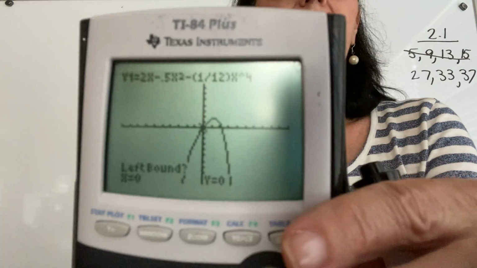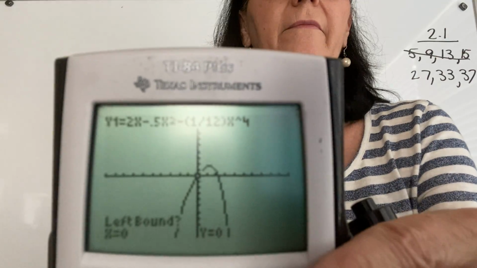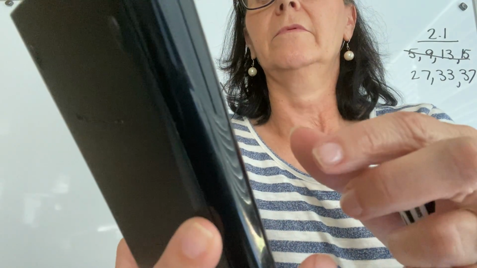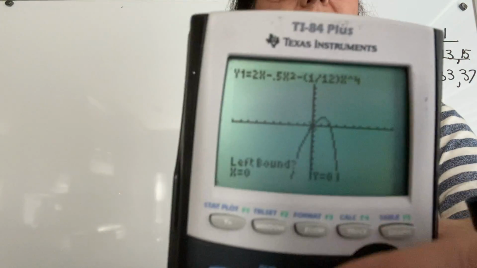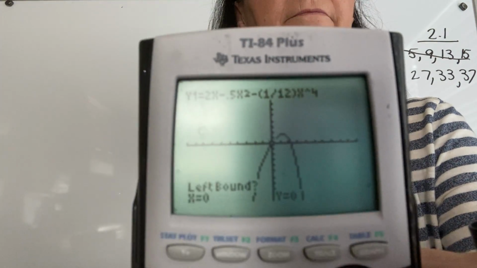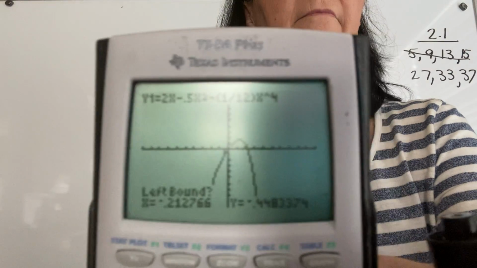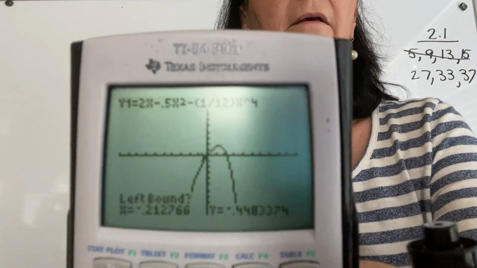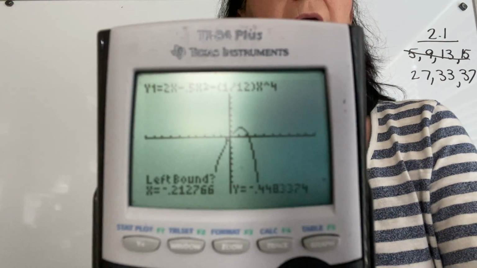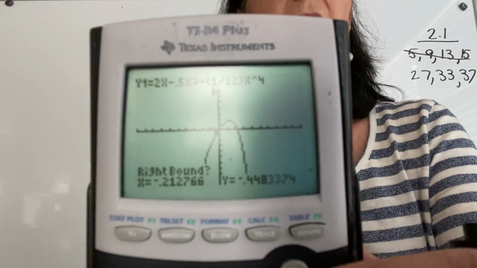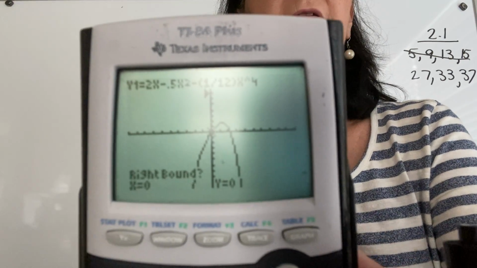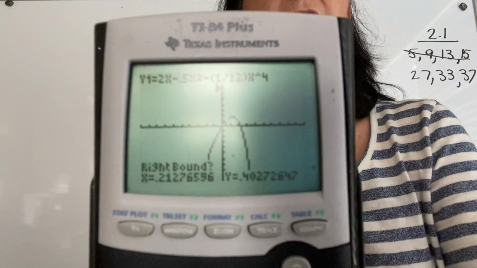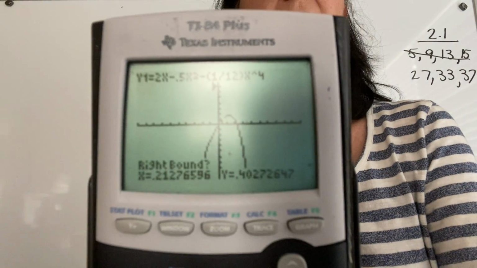All right, what do we have here? We have X is 0, Y is 0, but I want a negative, so I'm gonna go right 1. And then I'll go left 2 because I want to get above it.